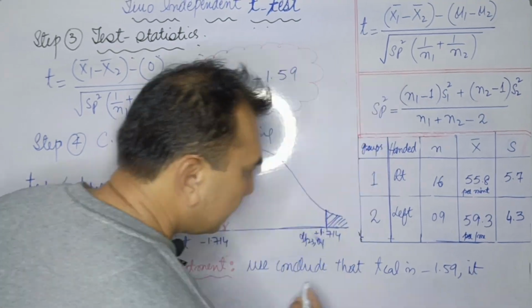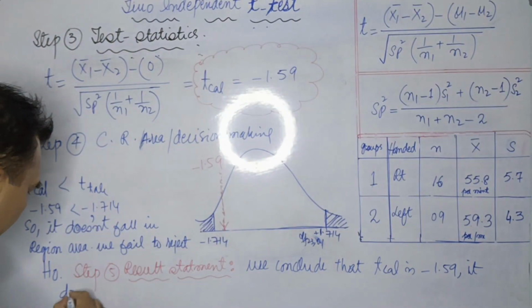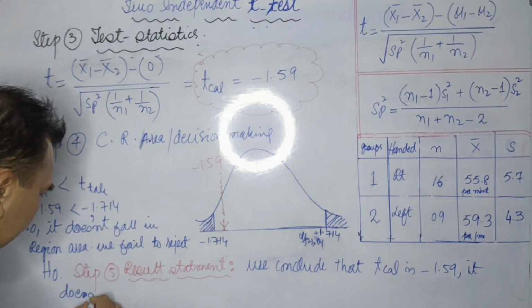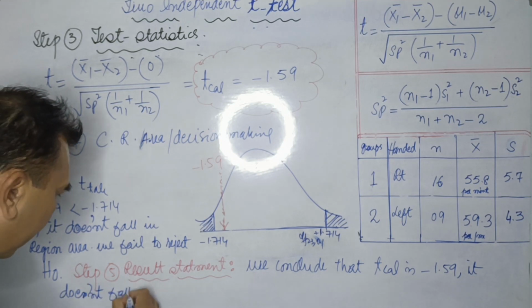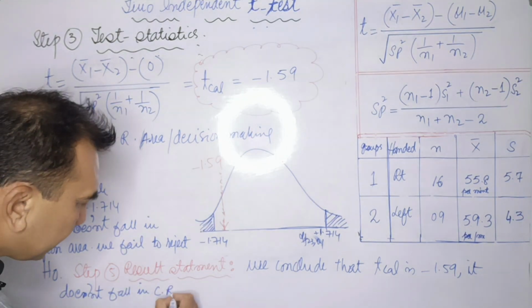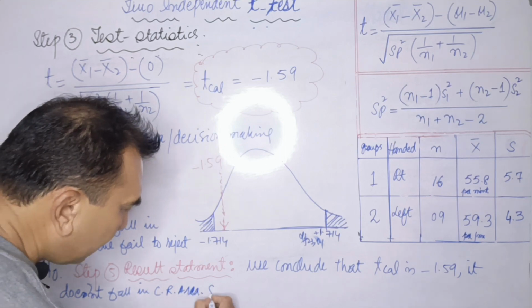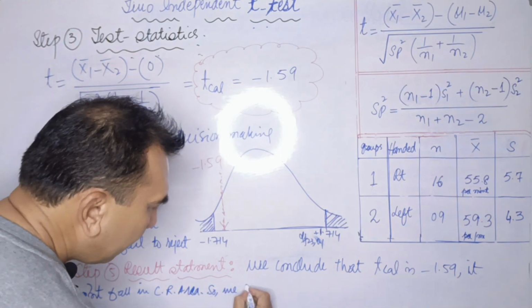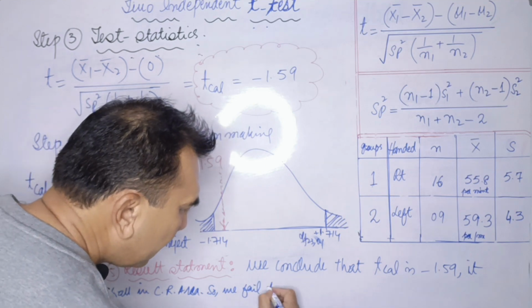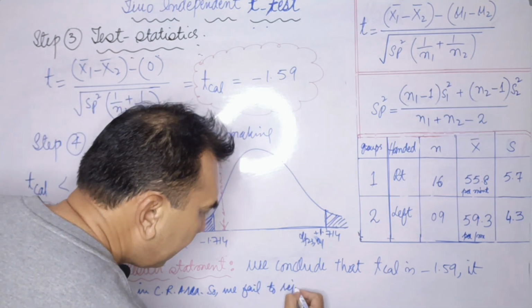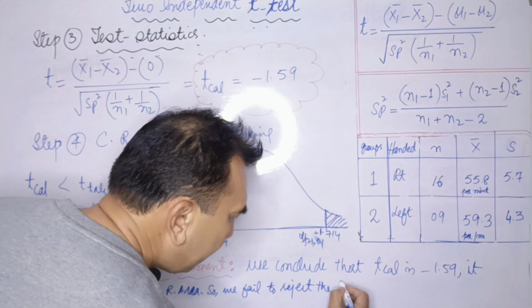It doesn't fall in the critical rejection area, so we fail to reject the null hypothesis.